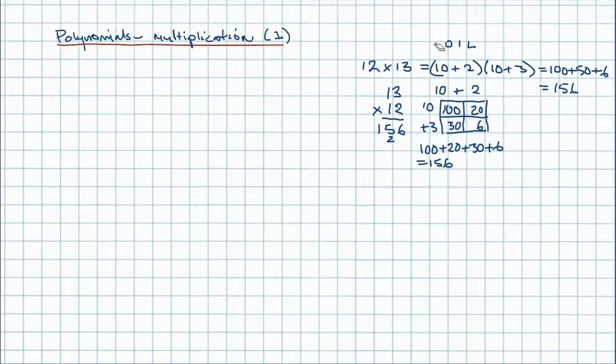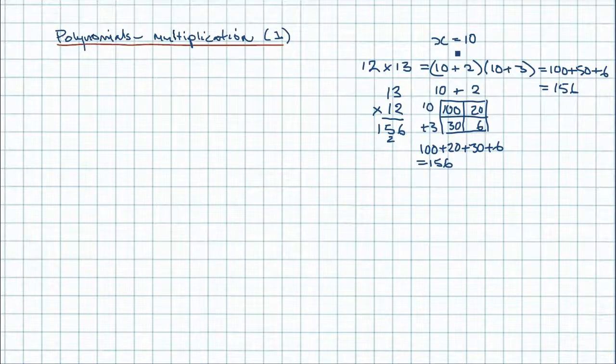So let's just erase the FOIL thing here, and let's write here x equals 10. So of course when we've got hundreds we've got x squared. So now instead of x equals 10 we're going to say x equals, well, anything we want to plug into it. So that's the usefulness of an algebraic expression.